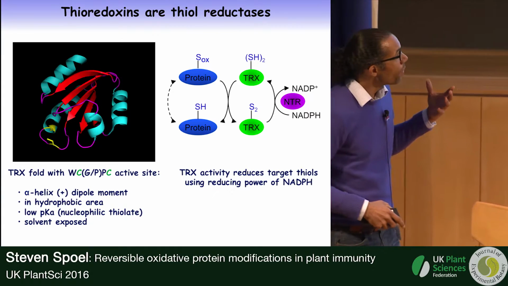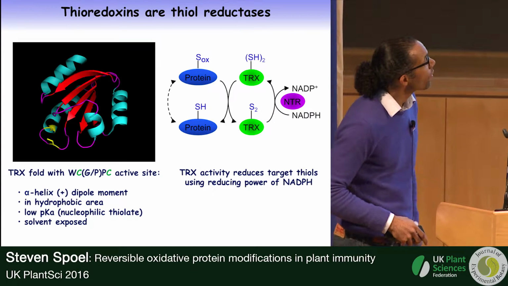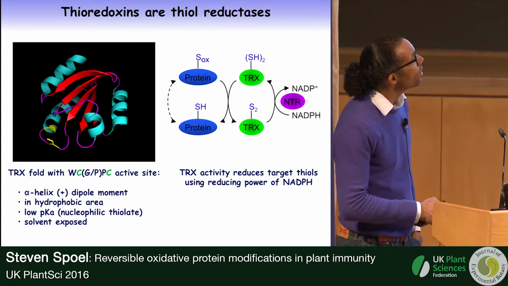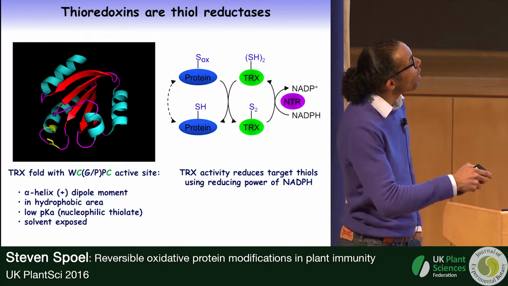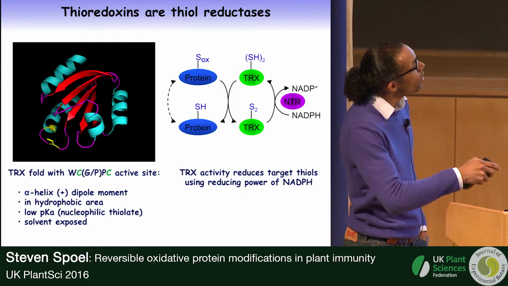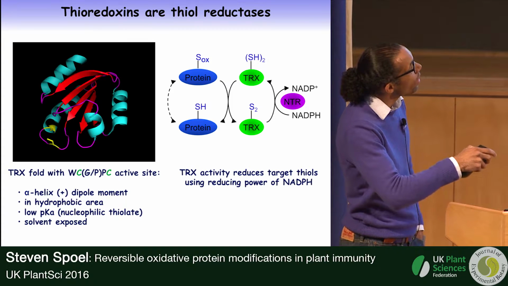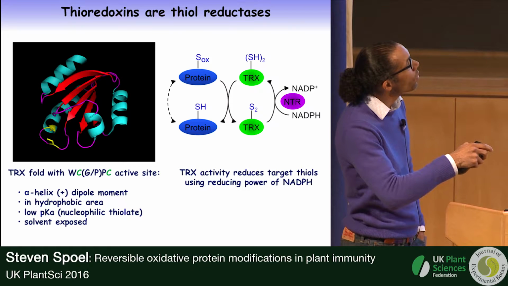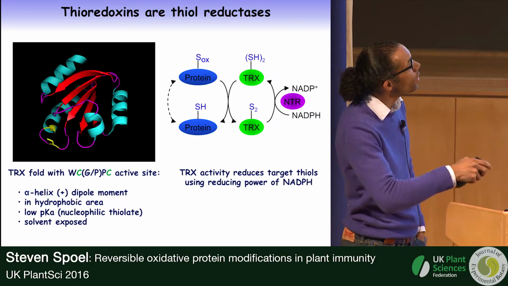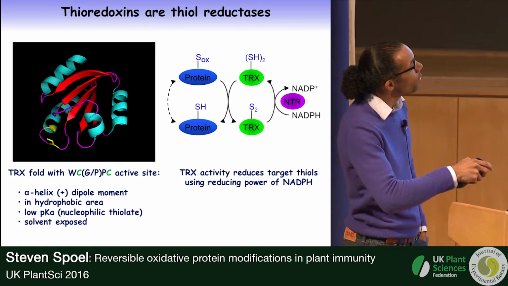And so their reduction of oxidized cysteines will look something like this. So a reduced thioredoxin comes in and essentially transfers its reducing power to this oxidized cysteine in the target protein, which then becomes reduced.